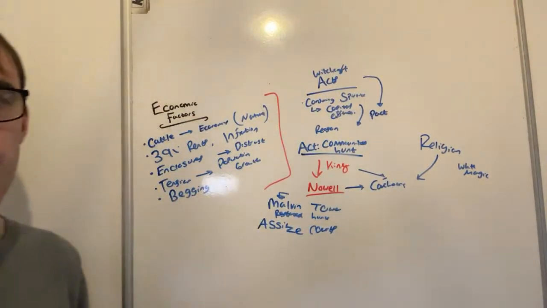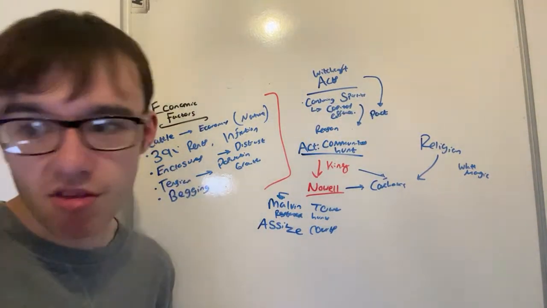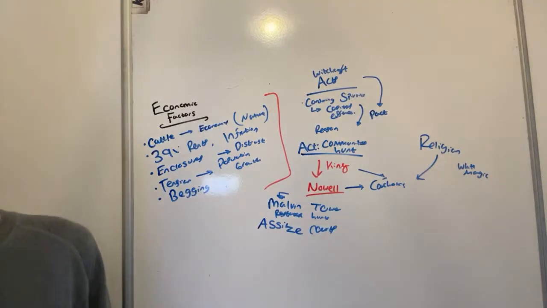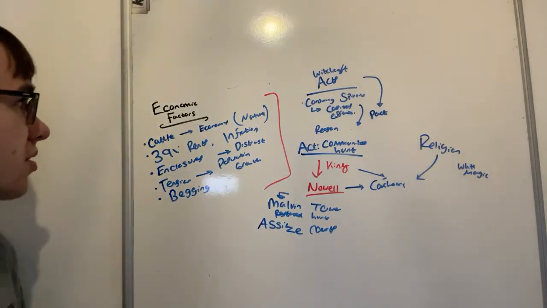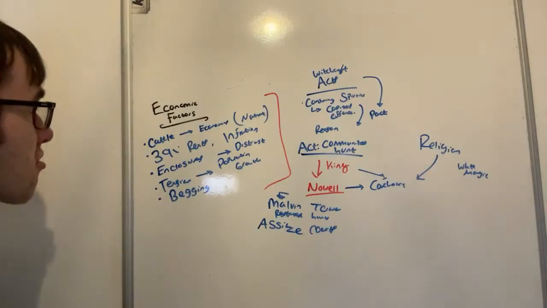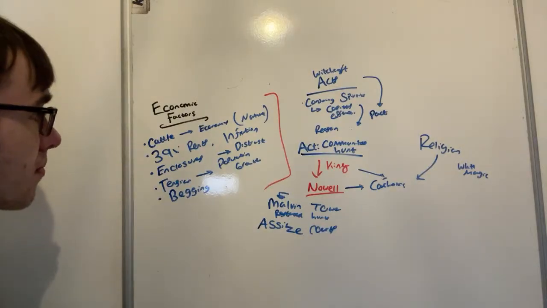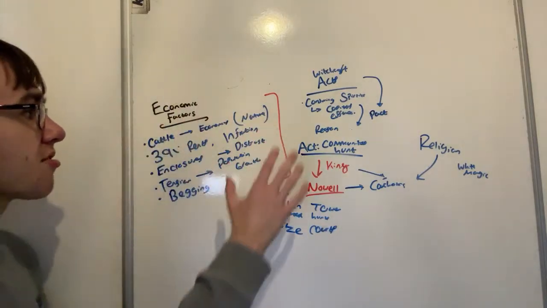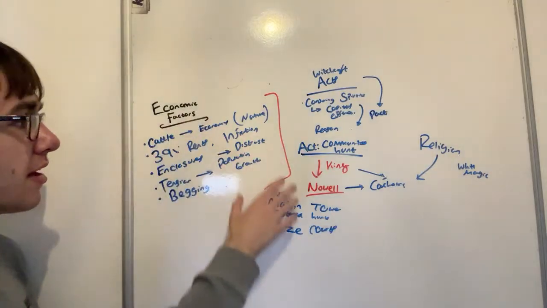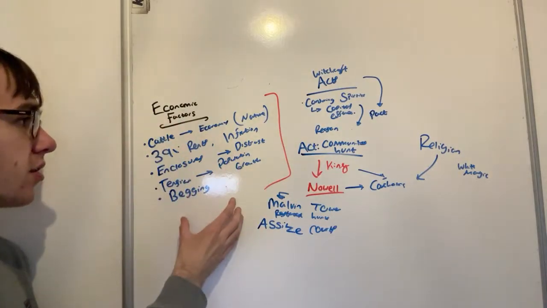So, I would argue Lancashire is the easiest one. I would argue it's literally the easiest one by far. Literally, the context you need to know is economic factors. You have an increase in rent, an increase in inflation, an increase in enclosure.